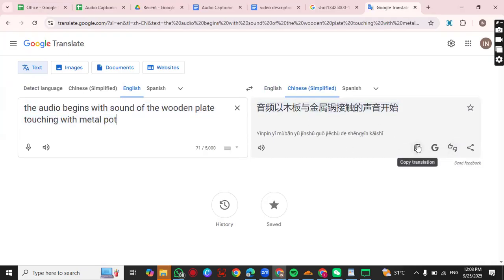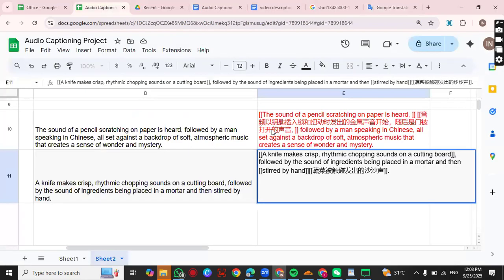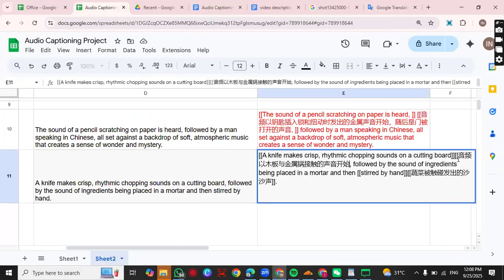Because this is Chinese, we are correcting. Copy it, right? Sorry, I'm speaking from here. And then right behind these brackets, where we have to make the correction, put double brackets again, paste this Chinese, and close the double brackets. Followed by sound of ingredients being placed in a mortar, and then this is the correction.